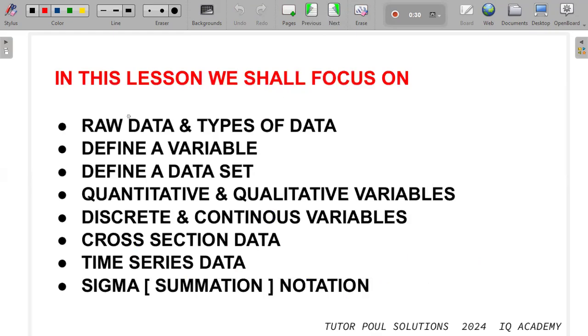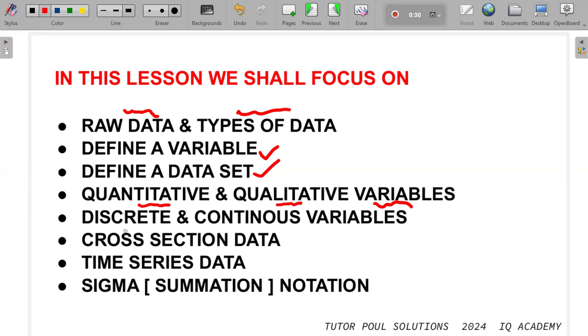We want to define what raw data is and then talk about types of data. We'll also define a variable. We'll also define a data set. And then we'll categorize these variables into quantitative variables and qualitative variables.